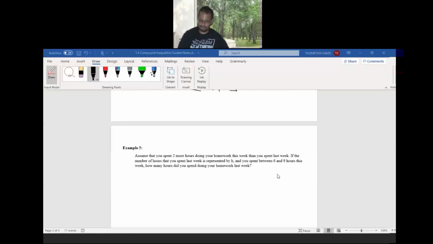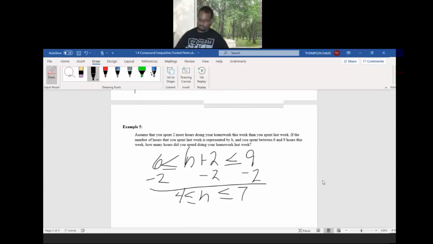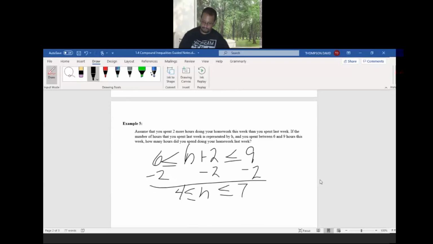So we set up our inequalities. 6 is less than h plus 2, which is less than 9. So we know it could be between 6 and 9. We subtract 2 from everything to get h in between 6 minus 2 is 4, 9 minus 2 is 7. So we spent between 4 and 7 hours doing homework last week.